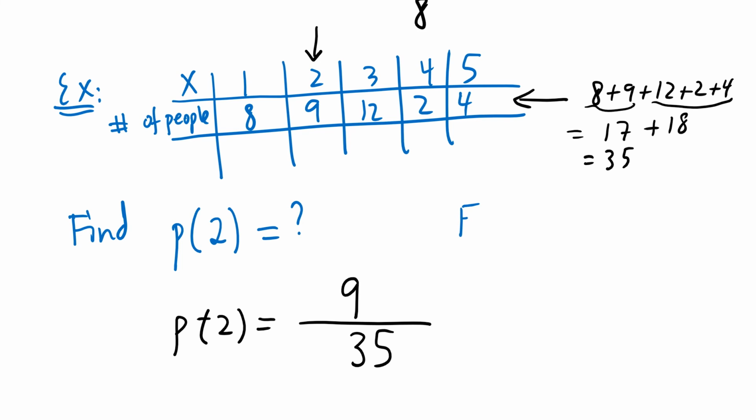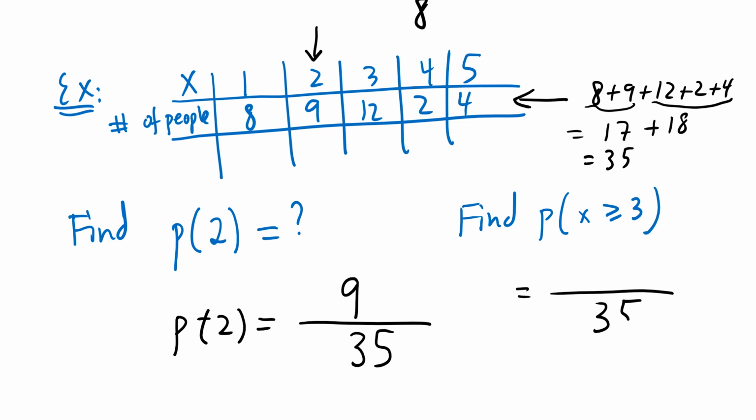What if they ask us to find the probability of x more than or equal to 3? Like, what's the probability that people got 3 or more? Well, let's see. Total is 35 again. How many people selected 3 or more?